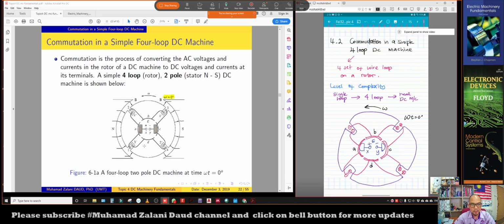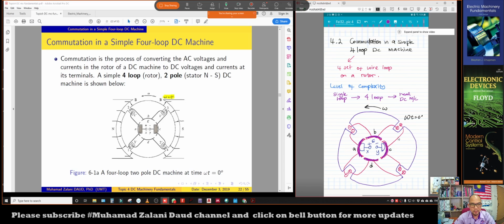The segments of the commutator are represented by the first segment, segment A, the second segment, segment B, the third segment, C, and segment D. So there are four segments that connect the four sets of wire loop on the rotor.